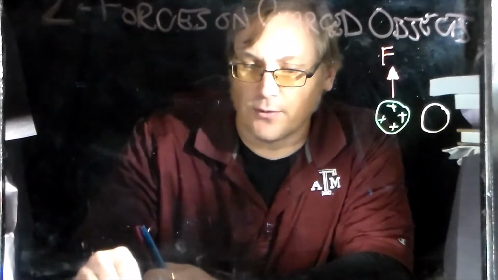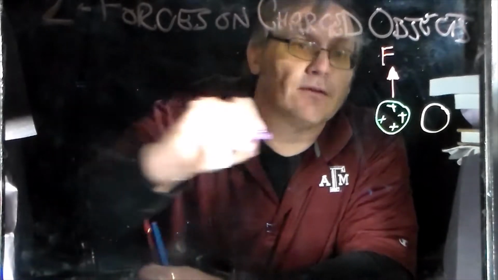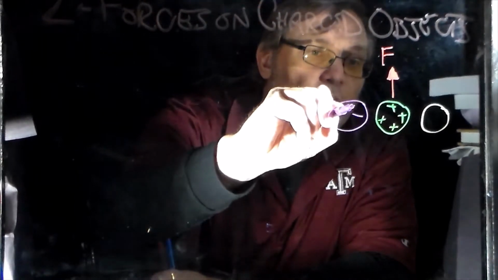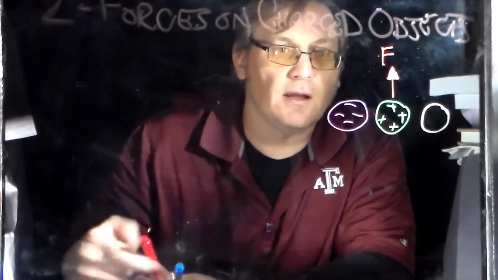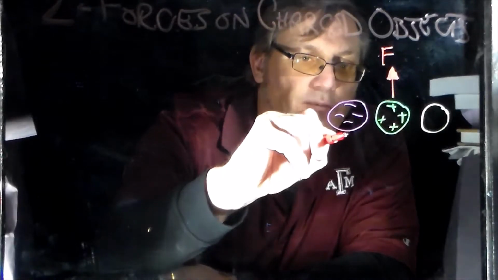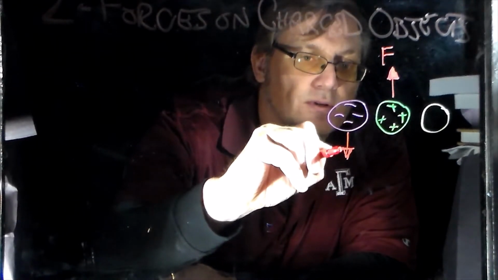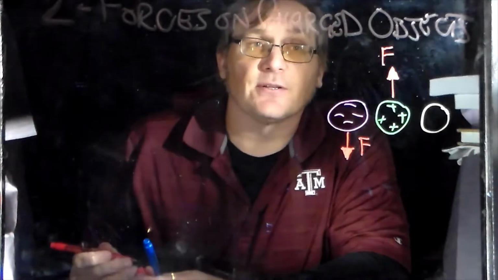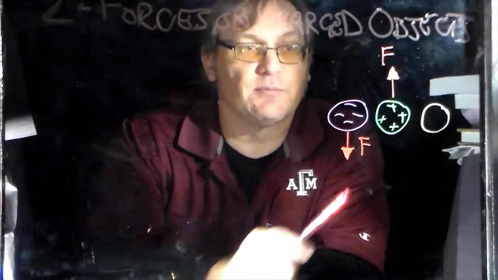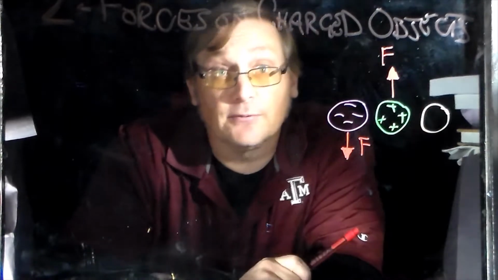And in fact, we can have a third object here that's negatively charged. And if this negatively charged object is put in there, it's going to feel a force down this way, in the opposite direction. All right, so we've got 3 kinds of objects: positive, negative, and neutral, right?